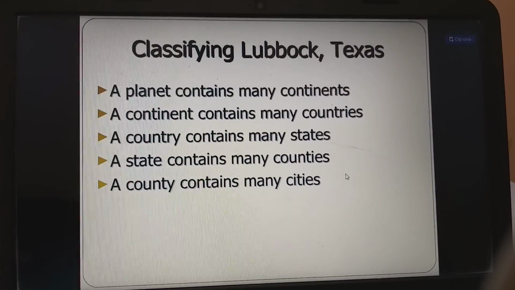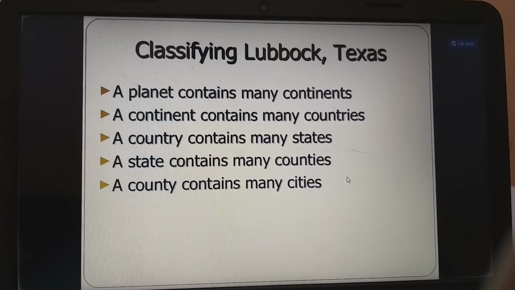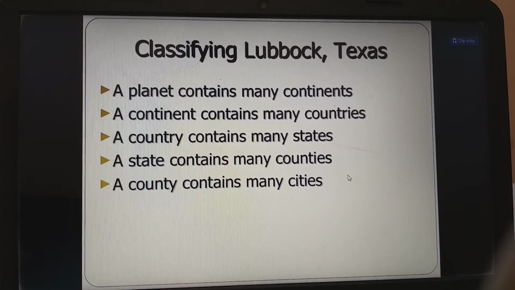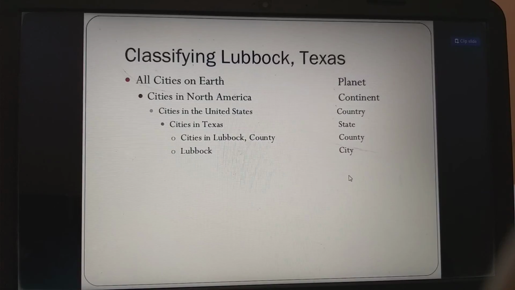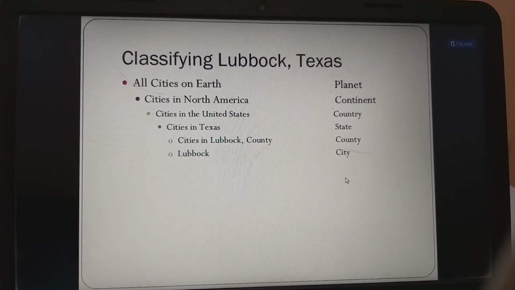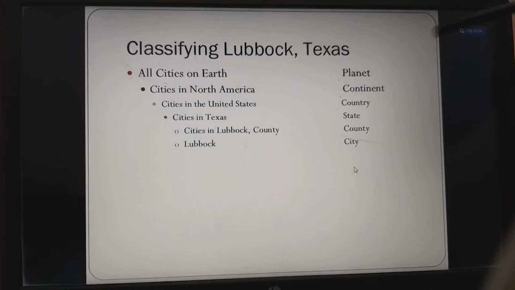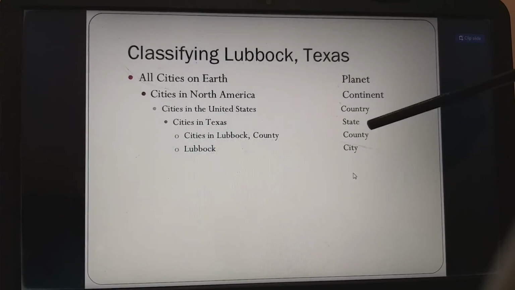A state contains many counties. A county contains many cities. Likewise, everything is classified for our easy understanding. For example, all the cities on earth, cities in North America, cities in the United States, cities in Texas. So likewise, planet, continent, country, state, county and city.